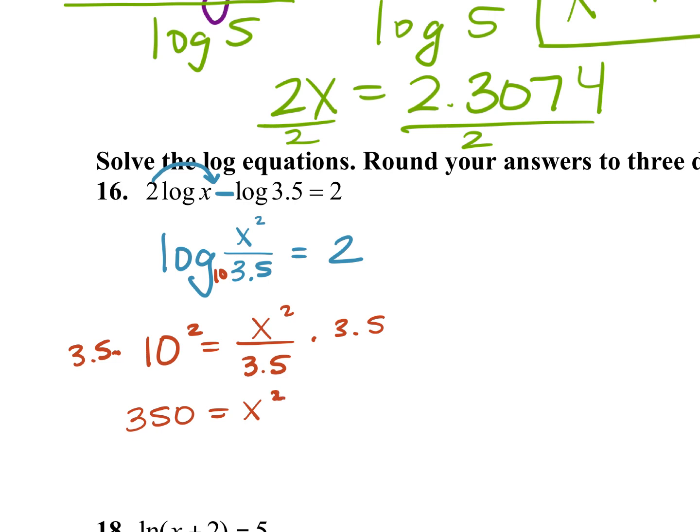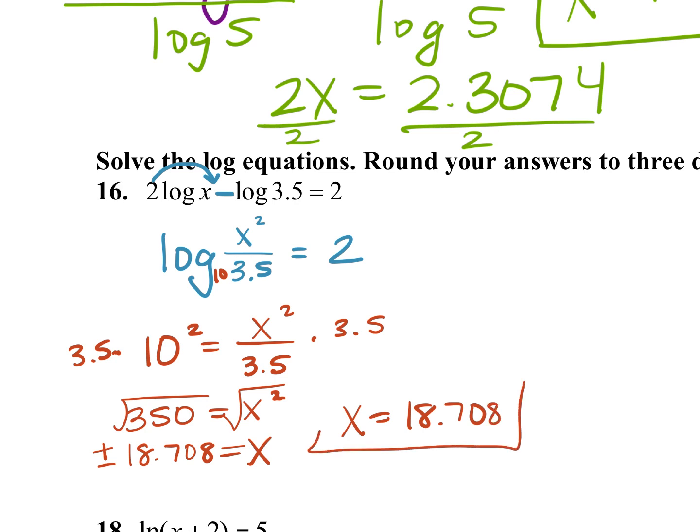What do we do? Take the square root. So x equals, this would come out to plus or minus 18.708, but your answer is only the positive. Why? You can't take the log of a negative number. Okay?